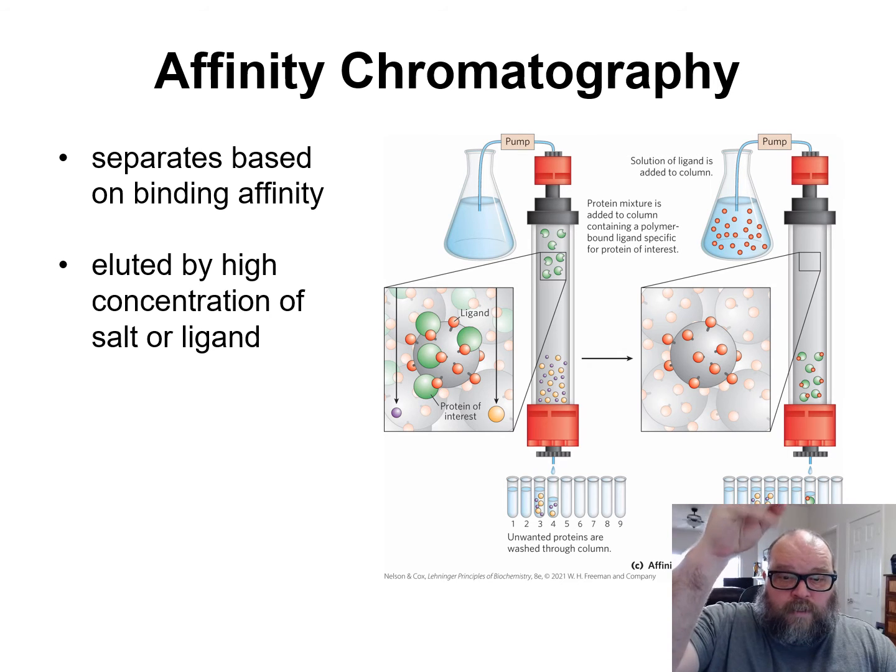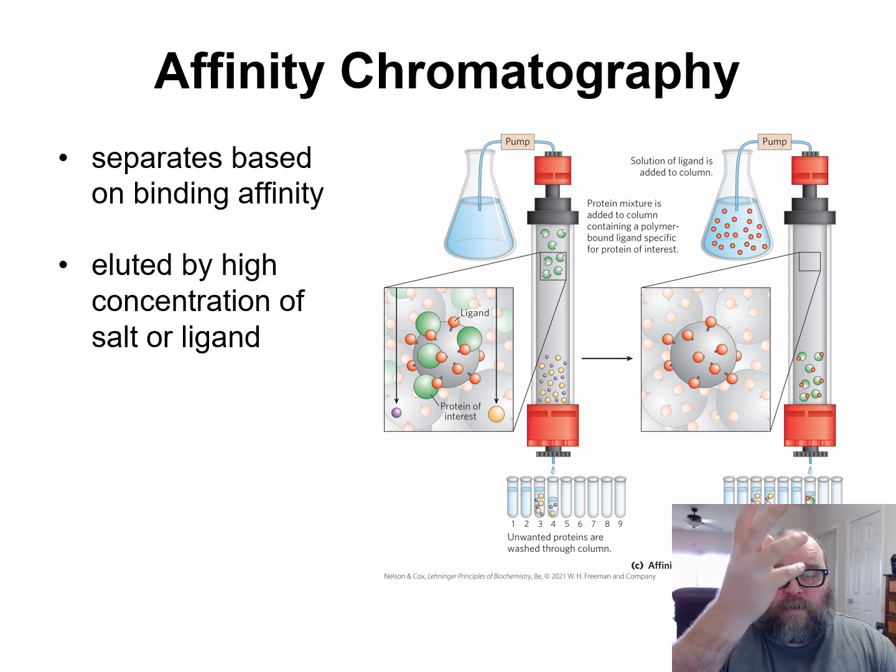And then as you put that extract through, your proteins of interest will adhere to the microbeads. Everything else just flushes through. You come in with a slightly different buffer and run that through the column, and your protein of interest will release from whatever it's bound to on those microbeads.